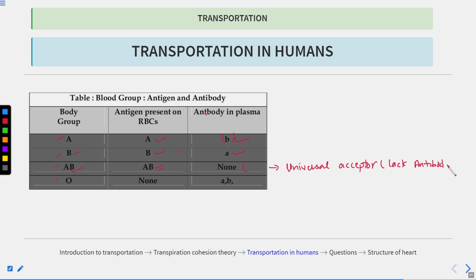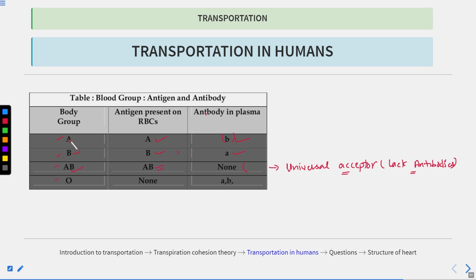So no antibodies are present. So they can receive blood from any blood group. They can receive blood from A, B, and O as well. So they are known as universal acceptor or universal recipient because they lack the antibody. So if antibodies are absent, there will be no incompatibility. There will be no reaction.